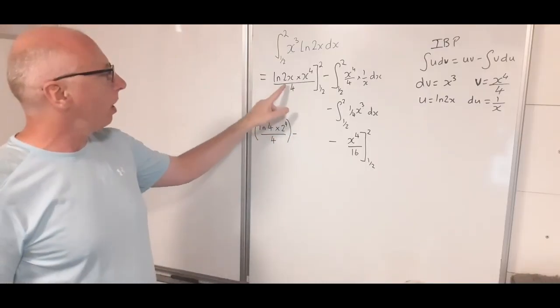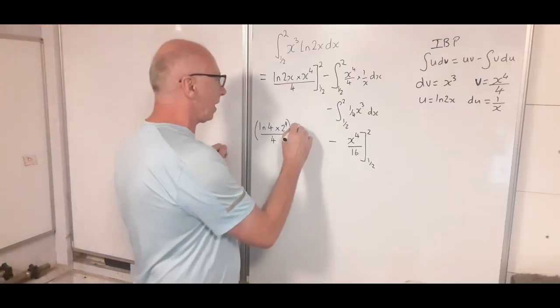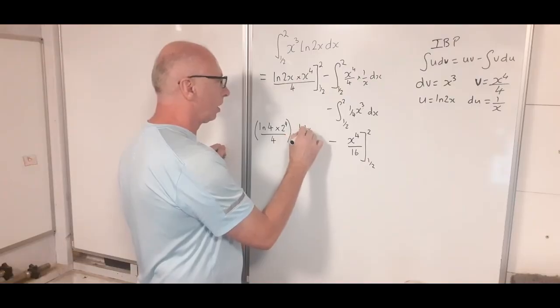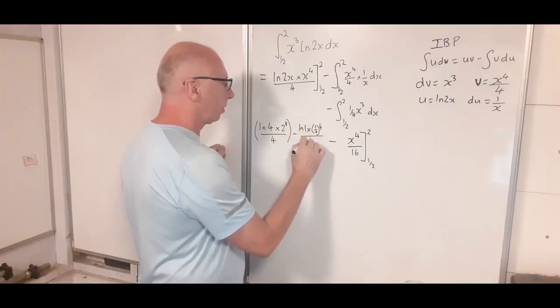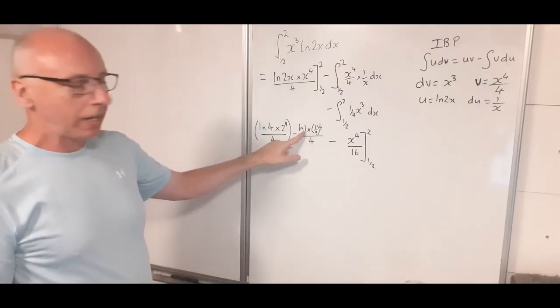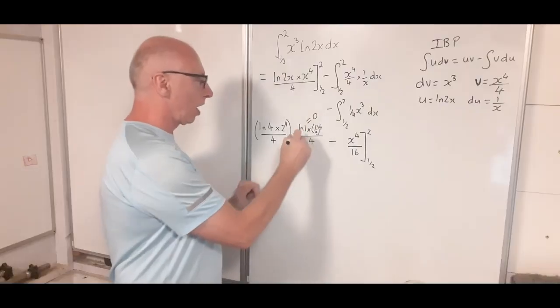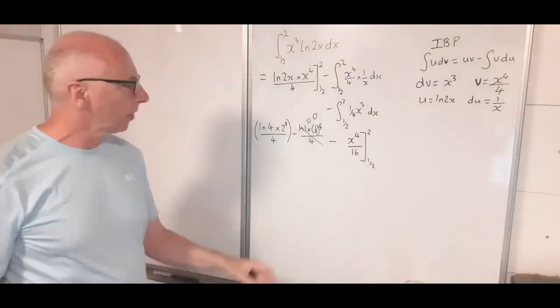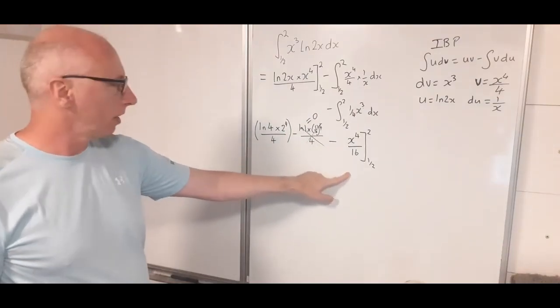If I plug in a half here, I've got natural log of 1, times 1/2 to the power of 4 divided by 4. Now we know natural log of 1 is 0. So all of this is just 0. So that's all gone.